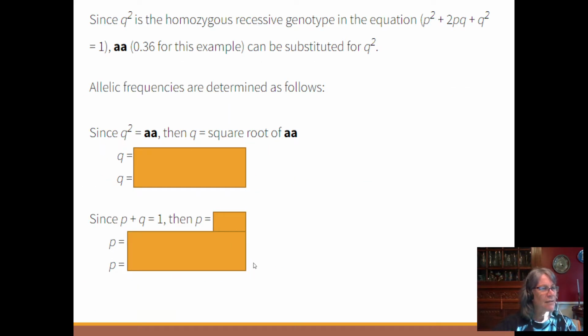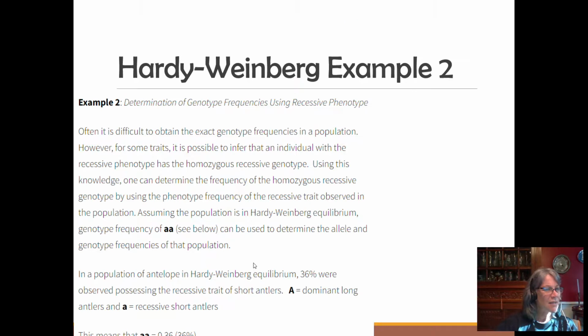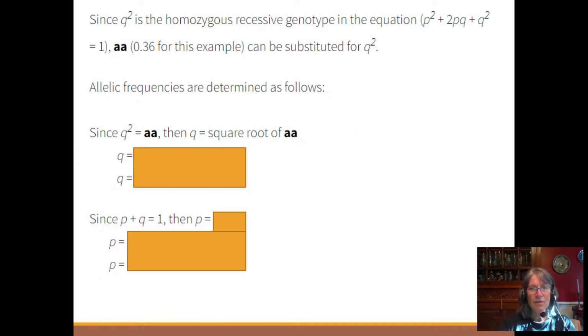This means that lowercase a, homozygote recessive, equals 0.36, or 36% of the population. So Q squared, in that P squared plus 2PQ plus Q squared, represents the proportion of the population that's homozygote recessive.